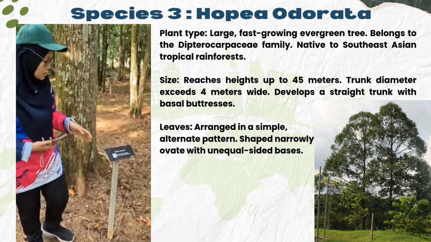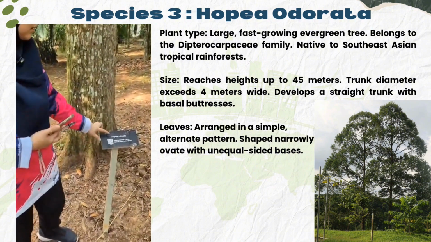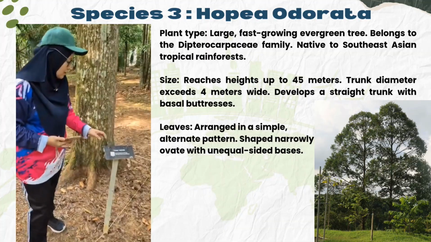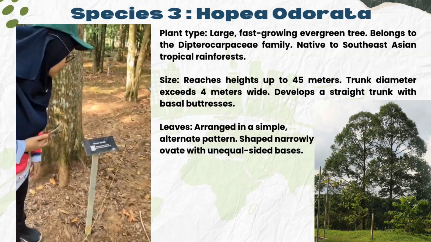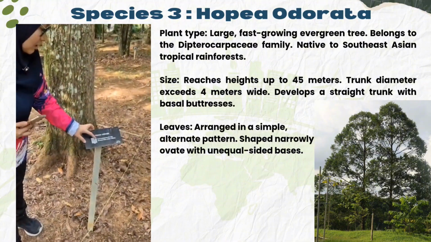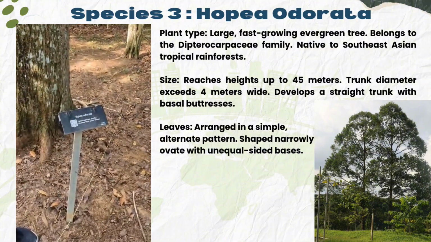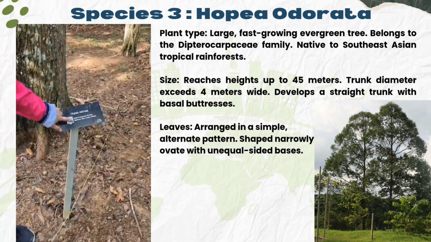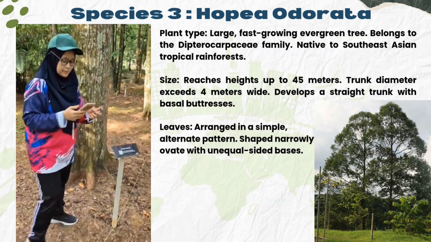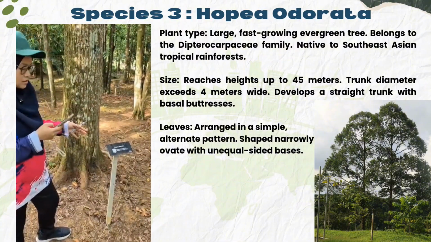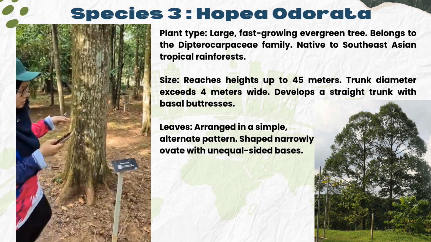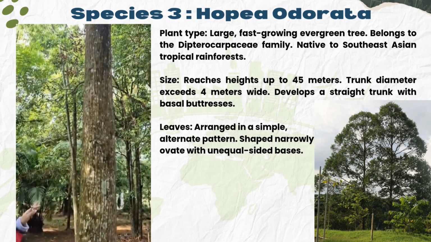For the third species, we call it Hopea odorata, and the family name is Dipterocarpaceae. In Malay, we call it Merawan siput jantan. The description for this species is a tall evergreen tree.